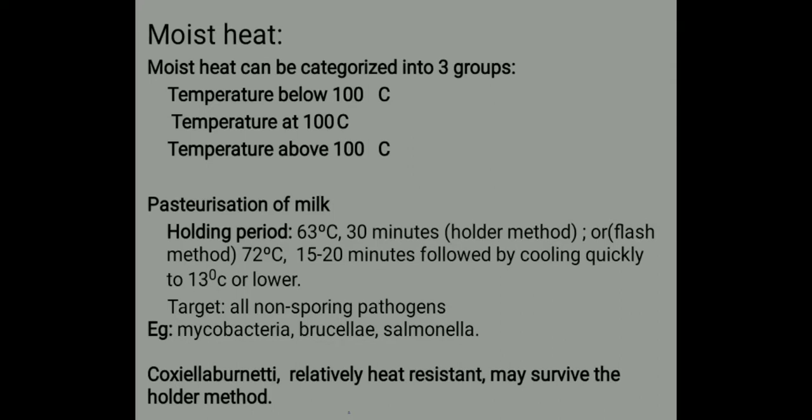Next we have moist heat. Moist heat can be categorized into three groups: temperature below 100 degrees Celsius, temperature at 100 degrees Celsius, and temperature above 100 degrees Celsius. First we have pasteurization of milk.